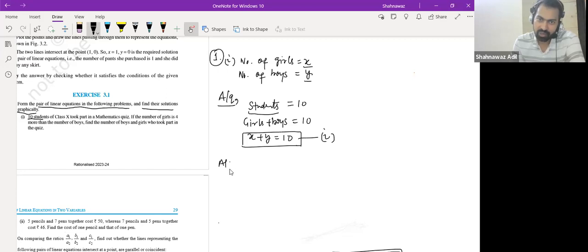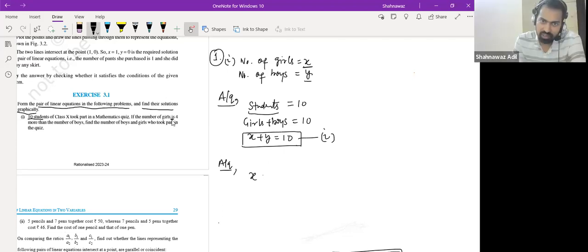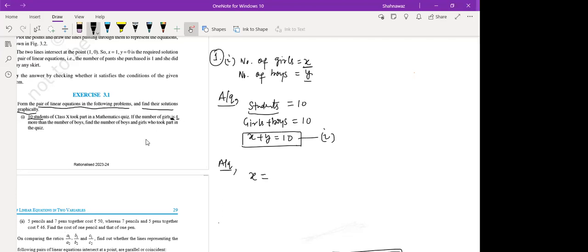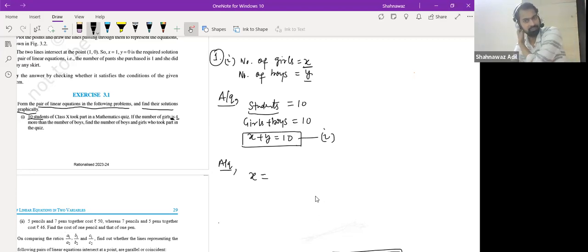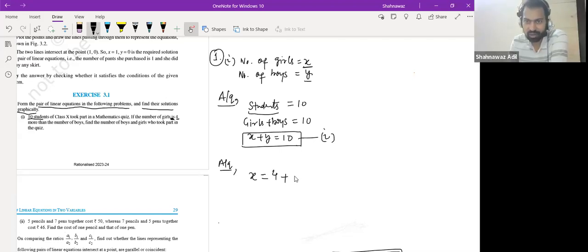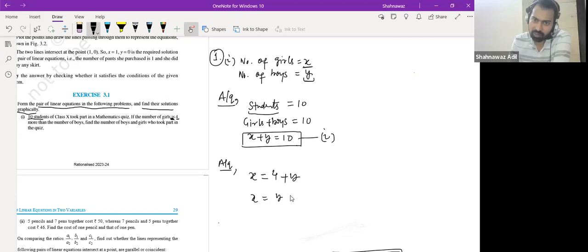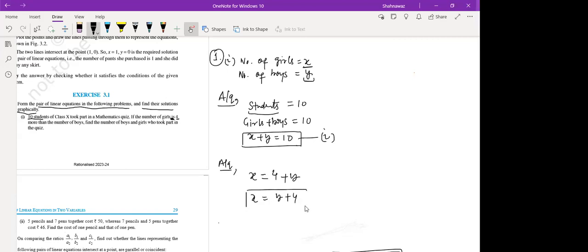How many boys are there? Y. So X is Y plus 4. This is the second equation.